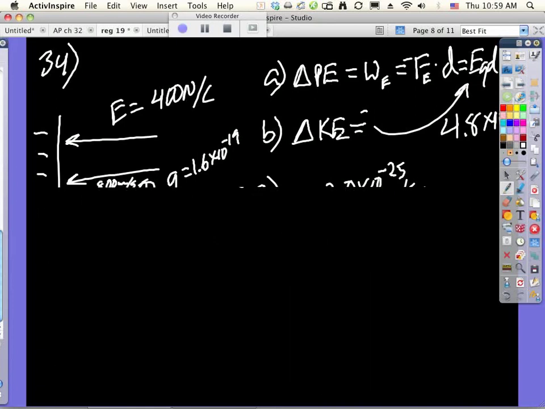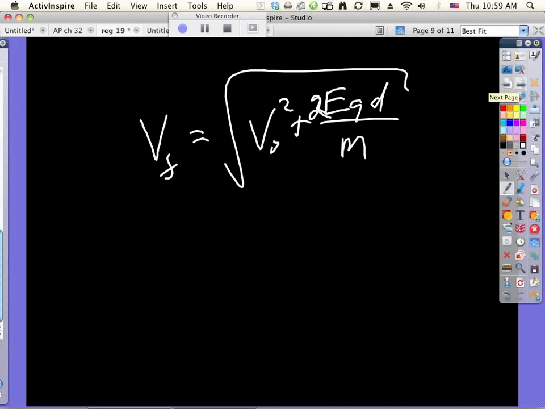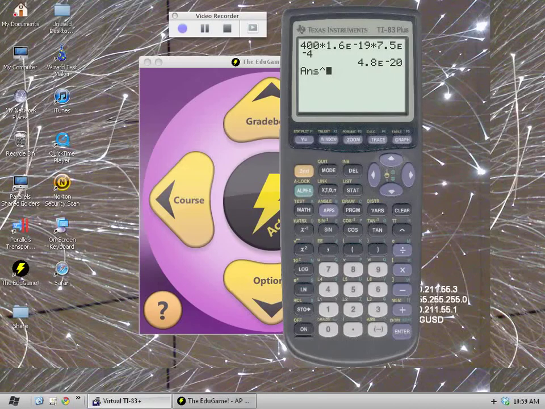So from this, if I take the square root of V0, which is 800, squared, is that minus or plus? It's plus, okay?